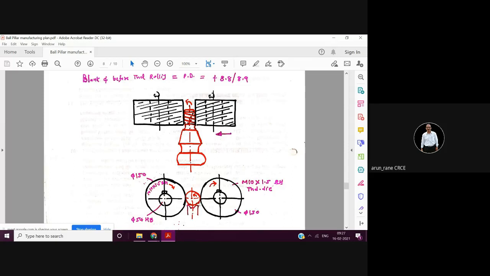And this only happens in one rotation. So the contact time with the V block is not much. It is not like 5 minutes. Definitely V blocks are not as soft as the workpiece. So if it is continuously resting on the V block for 5 minutes, then it will get damaged.